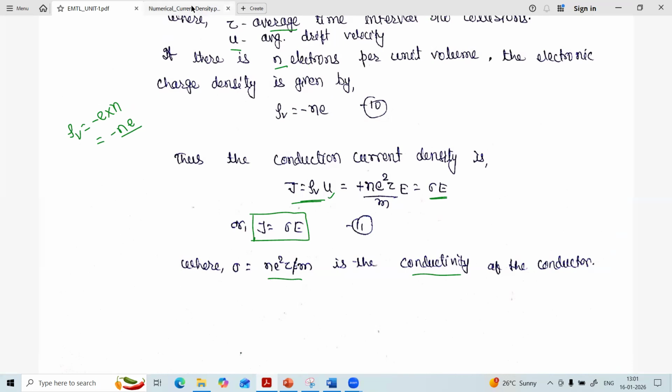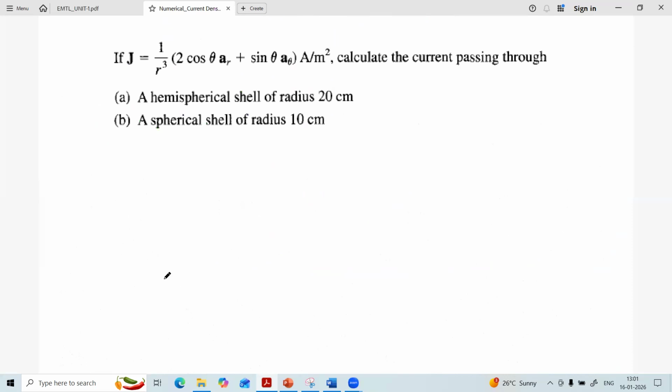Now on the basis of this, we are going to see one numerical. In the given question, J equals 1 by r cubed into 2 cos theta a_r plus sin theta a_theta amperes per meter squared. Calculate the current passing through the two different situations given. One is the hemispherical shell, another is the spherical shell.